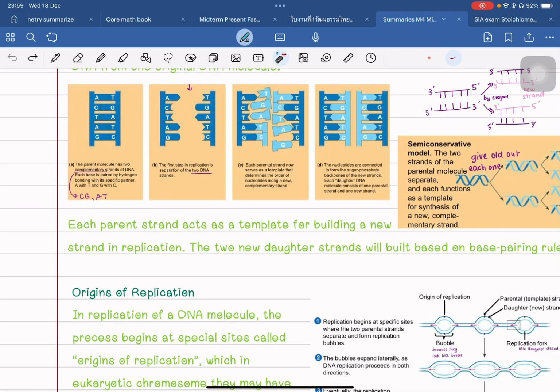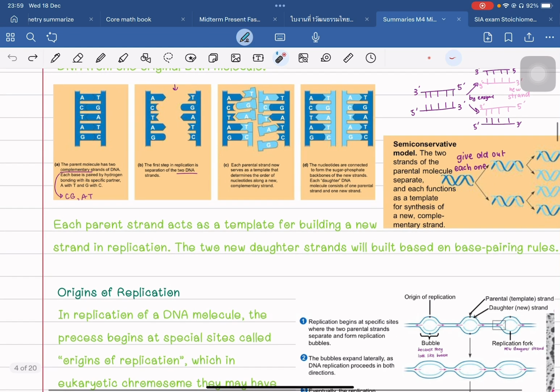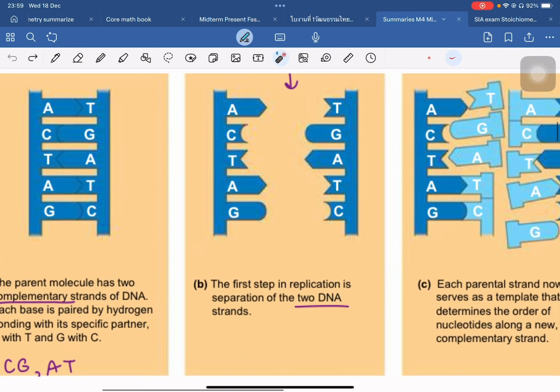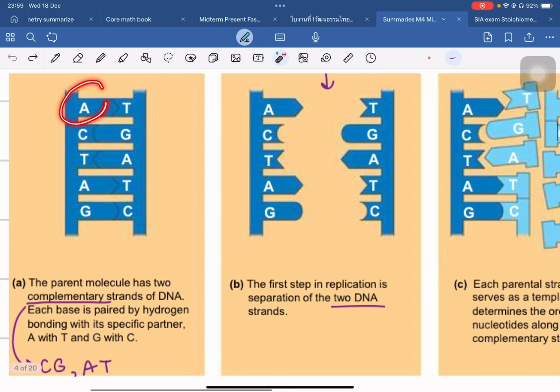Each parent strand acts as a template for building a new strand in replication. The two new daughter strands are built based on base pairing rules, which is this one. A will always pair with T, and C will pair with G.